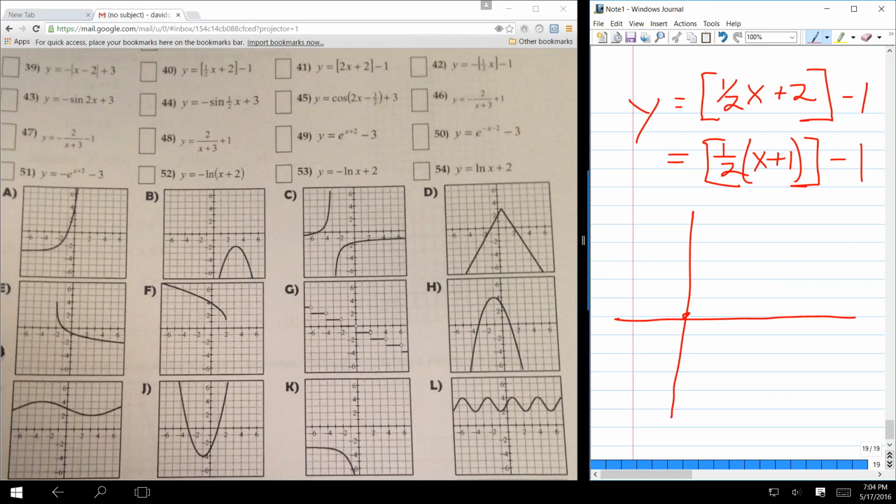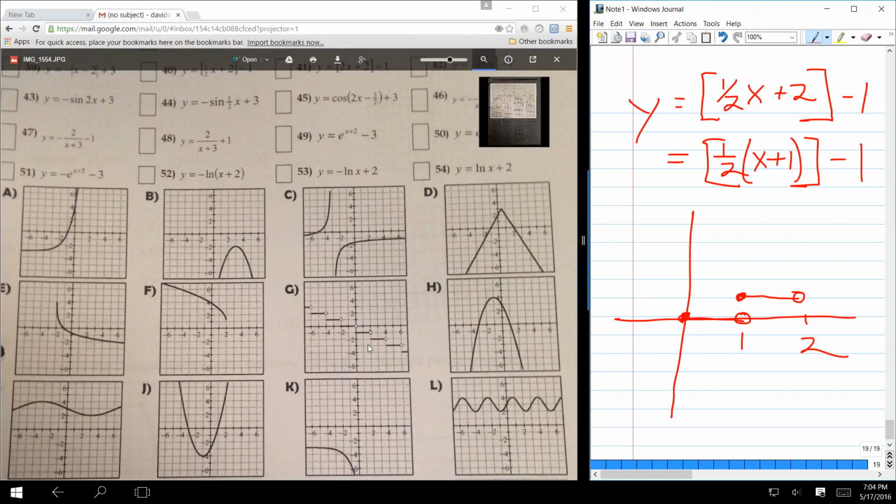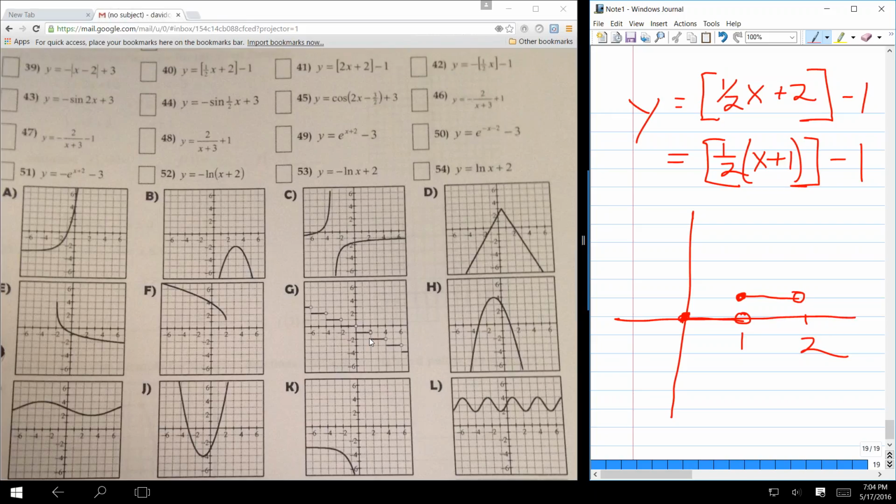Okay. Now let me just draw the basic function. All I need, I think, is 2 points. So we're looking for a stretch by a factor of 2, a shift left 1, and a shift down 1. Well, G, right off the get-go, has the stretch by a factor of 2.